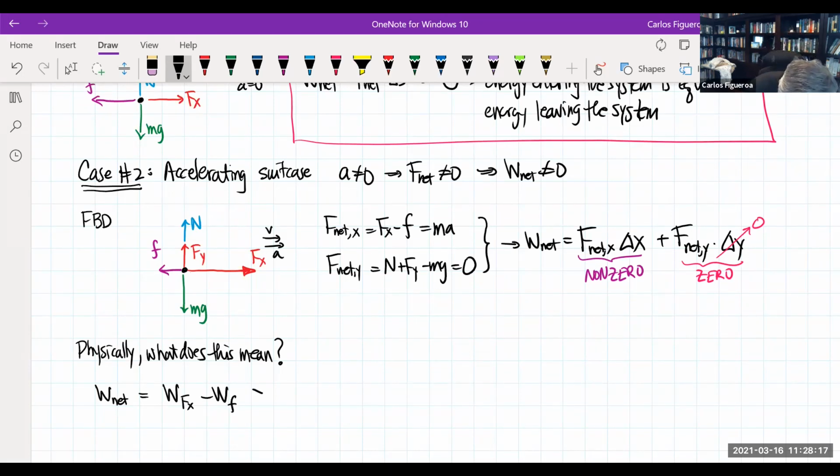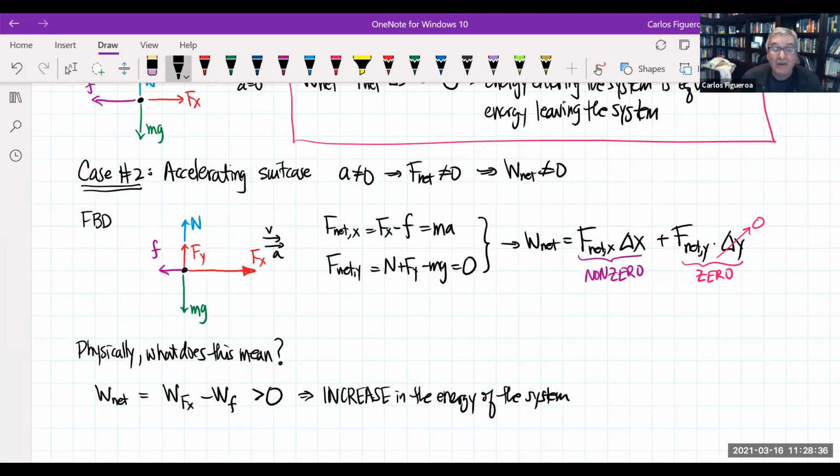And we know this has to be positive. So that implies there has to be an increase in the energy of the system. So I now have an increase.